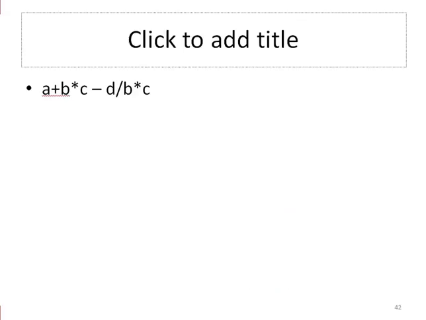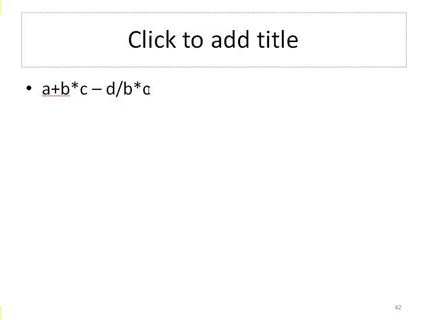So in our example here, a plus b times c minus d over b times c, there are 1, 2, 3, 4, 5 operators, and there are 1, 2, 3, 4, 5, 6 operands.